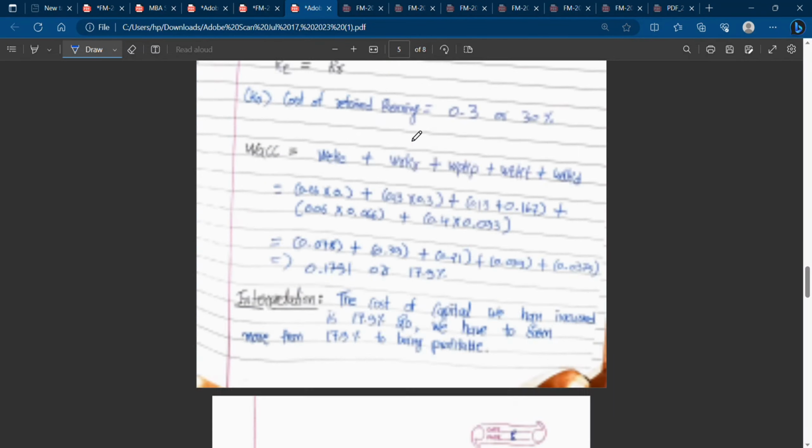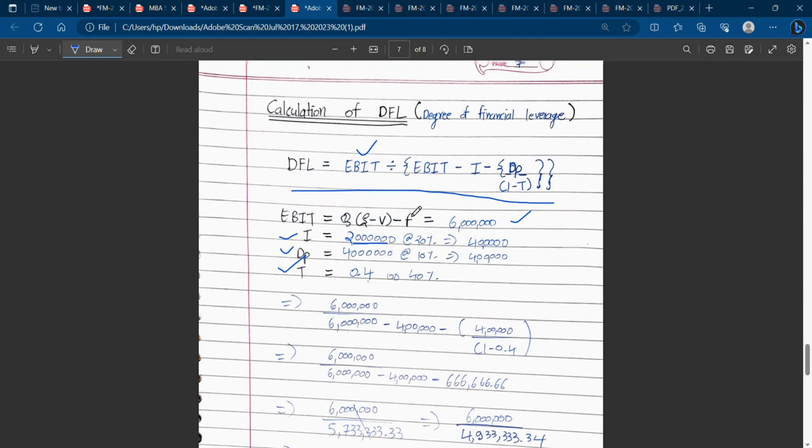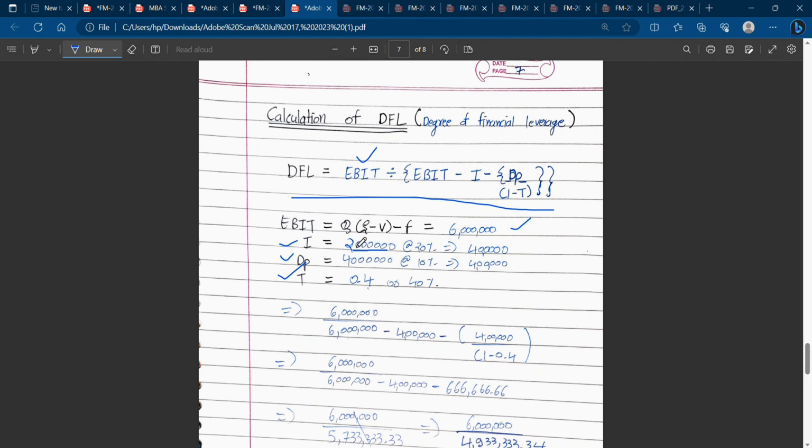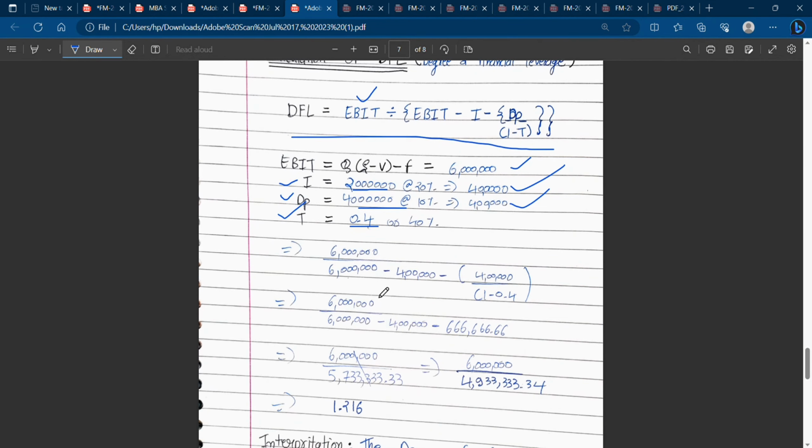So 20% of 20 lakhs is 4 lakh, and 10% of 40 lakhs is 4 lakh, and our tax rate was 40%, which we can write as 0.4.